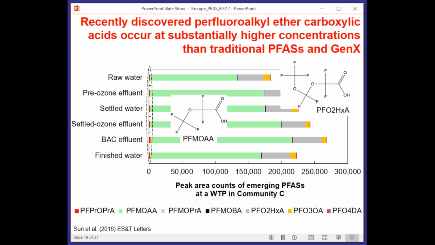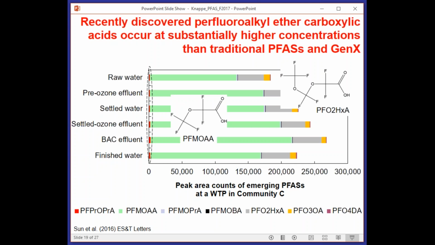And so there are a couple of important points here. One, Gen X, which got a lot of attention as of late, was actually a relatively small percentage of the total PFASs that are present in this water, and we need better methods, and we need standards for compounds such as the other ethers that are shown in this particular graph.